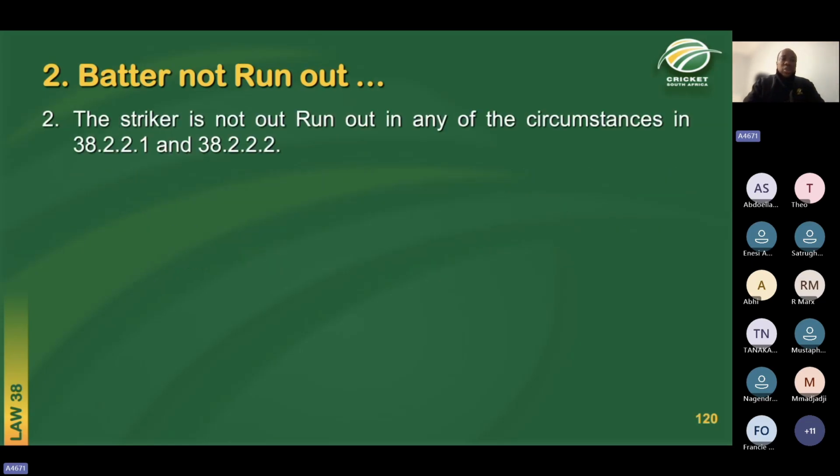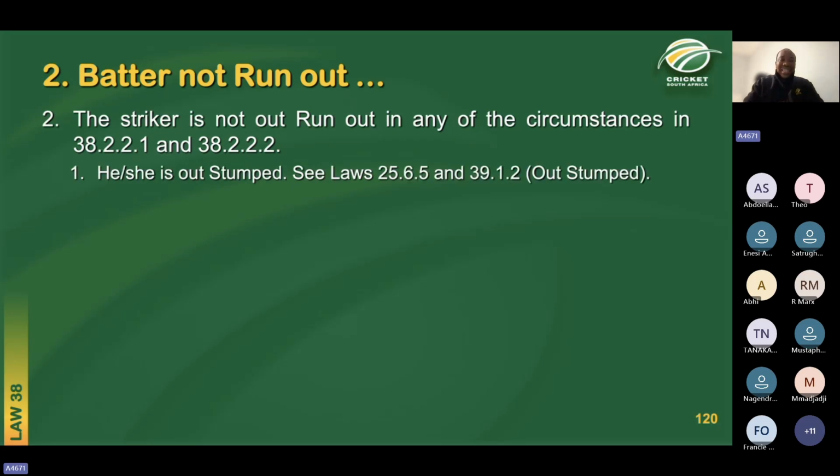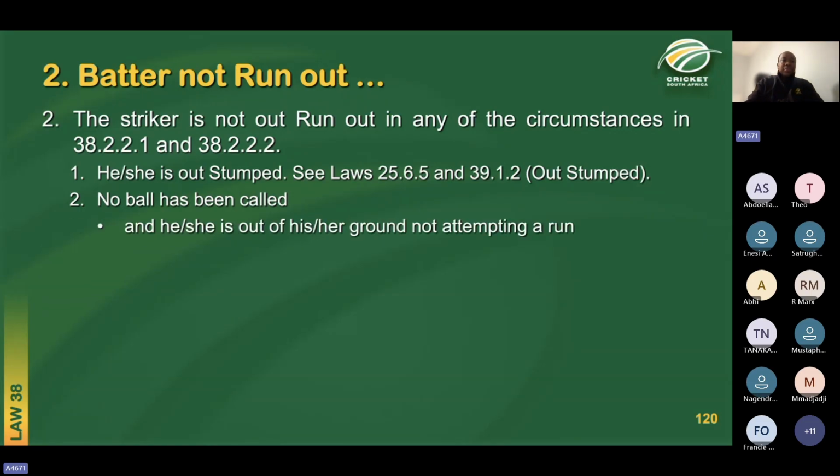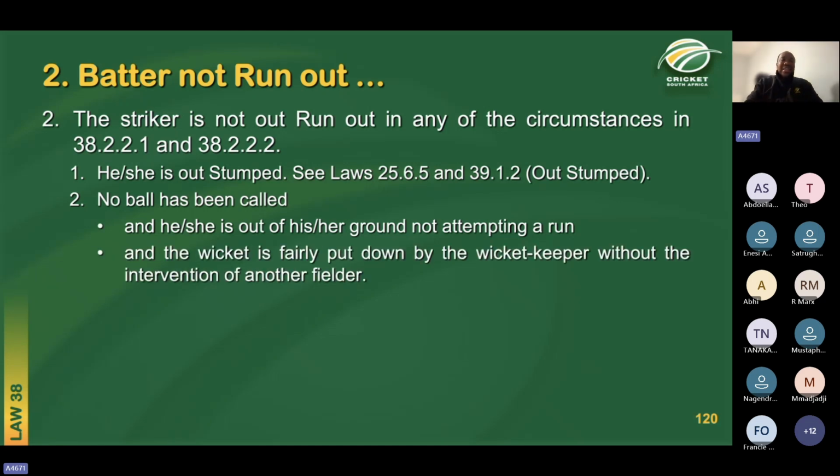A batter is also not out if he or she is out stumped and if no ball has been called and the striker is out of his or her ground, not attempting a run, and the wicket is fairly put down by the wicketkeeper without the intervention of any other fielder.